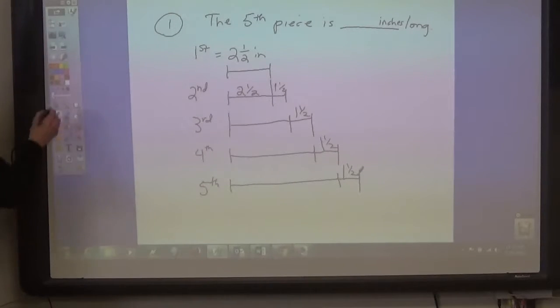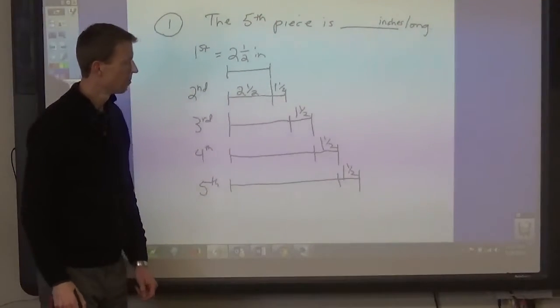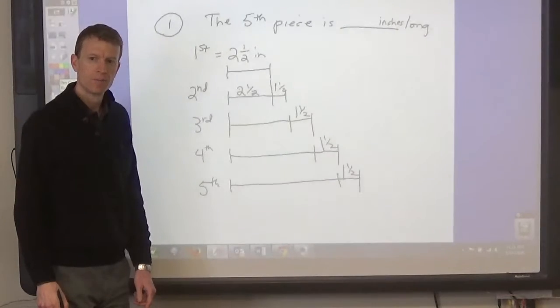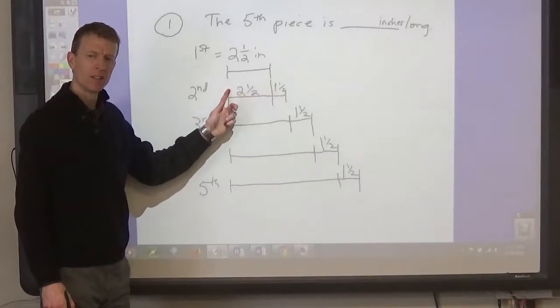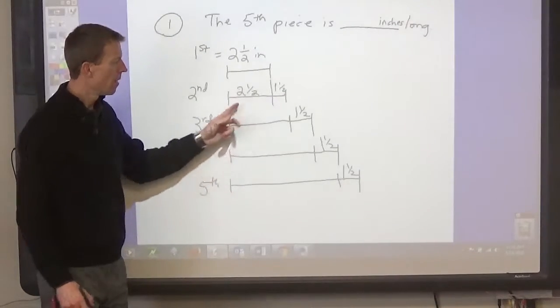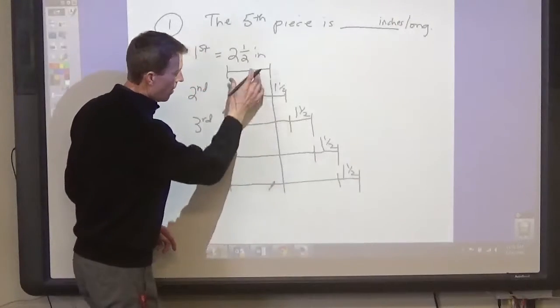Instead of doing 2.5 plus 1.5 plus 1.5 plus 1.5, you can do it times 4. Do what? 2.5 times 4? But that would only give you this much.